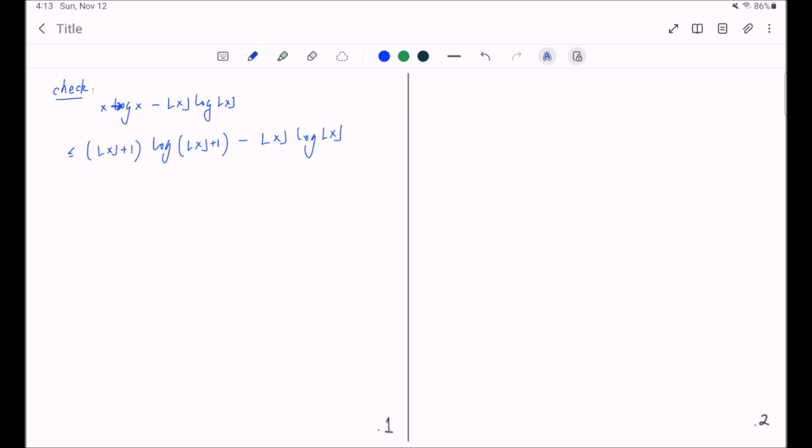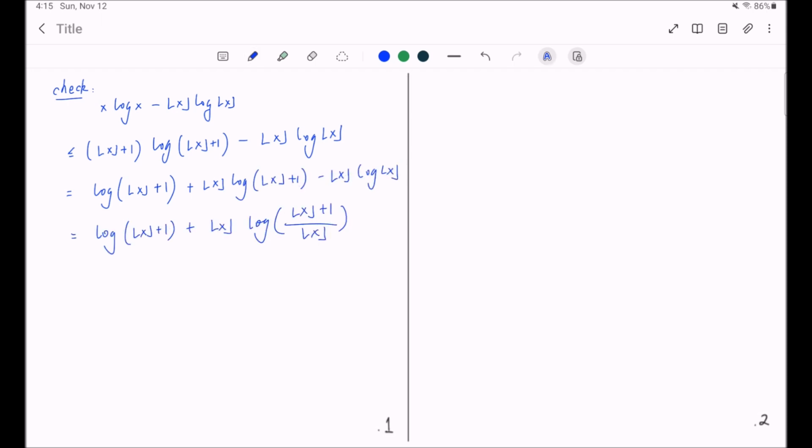We can first majorize this guy by monotonicity to floor of x plus 1 times log of floor of x plus 1. And now we can compute this. As x goes to infinity, you can see that these two parts together is little o of x. If you divide both sides by x, you see this part divided by x will go to 0.